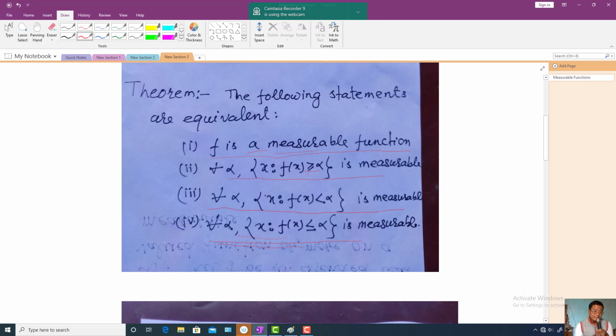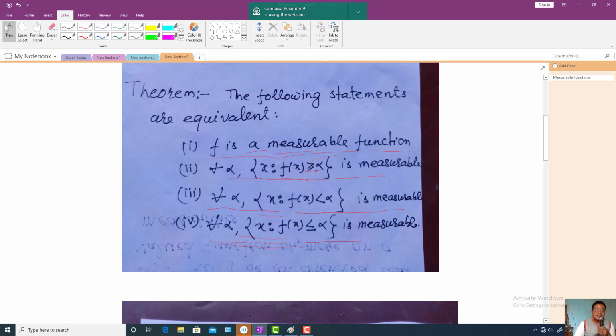So therefore in different textbooks different authors use different definitions. They are equivalent. Some textbook may be using this as a definition of measurable function, some textbook may be using this one, some textbook may be using this one. Okay, they are all equivalent statements, therefore one of them can be used as a definition of measurable function.